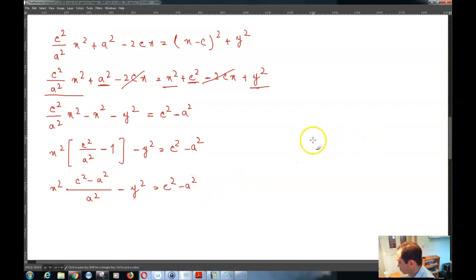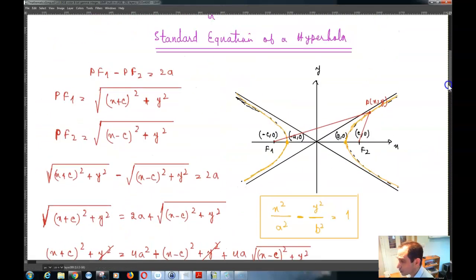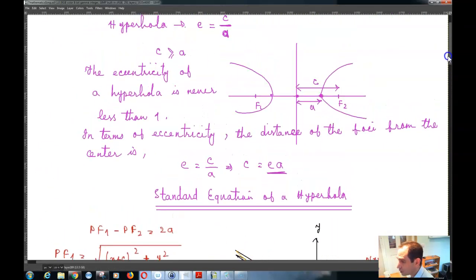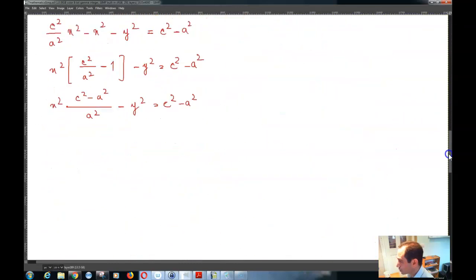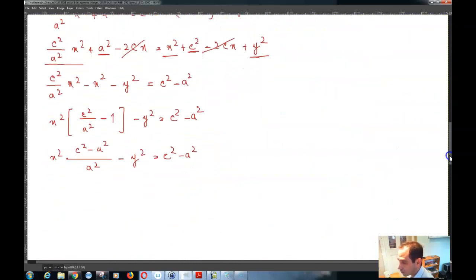Now I think in the previous video we defined some b, which is not here anymore. We defined b as the square root of c squared minus a squared.